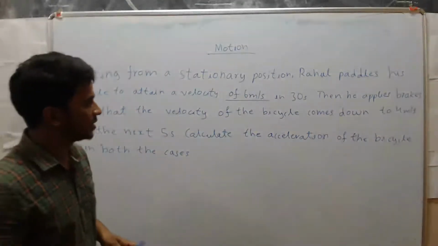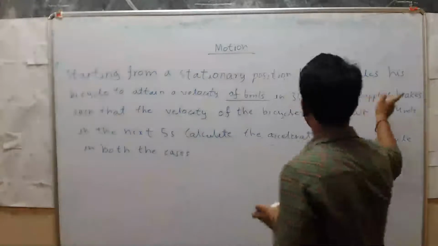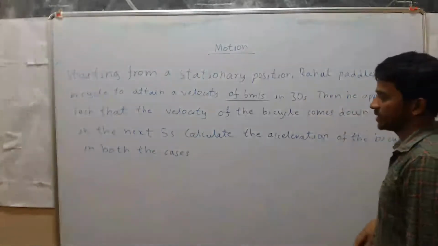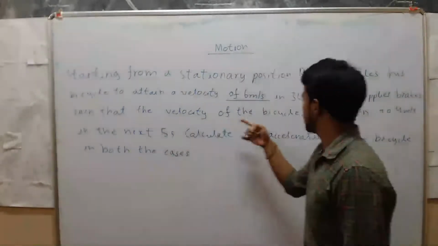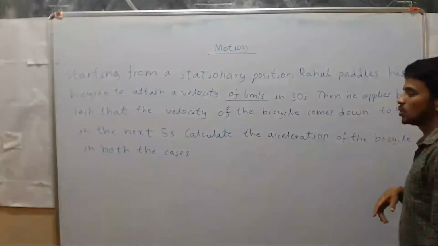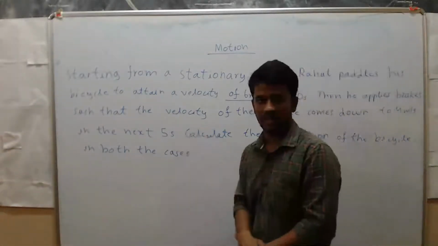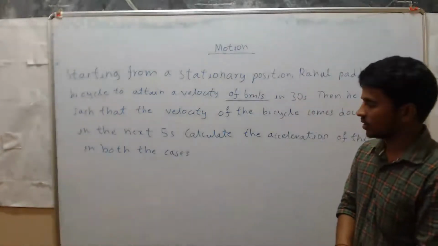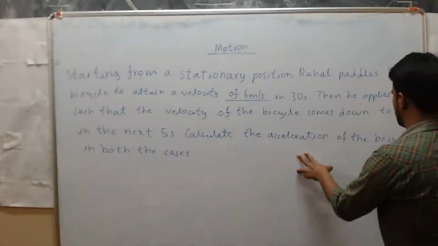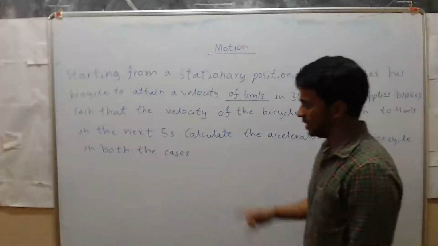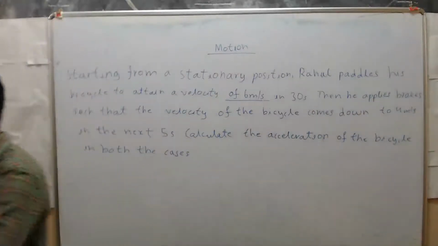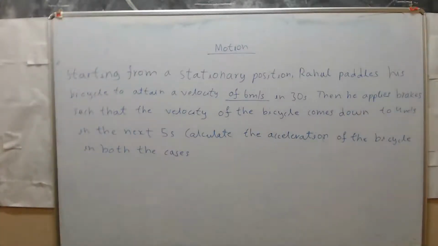Then he applies brakes such that the velocity of the bicycle comes down to 4 meter per second in the next 5 seconds. Calculate the acceleration of the bicycle in both the cases.